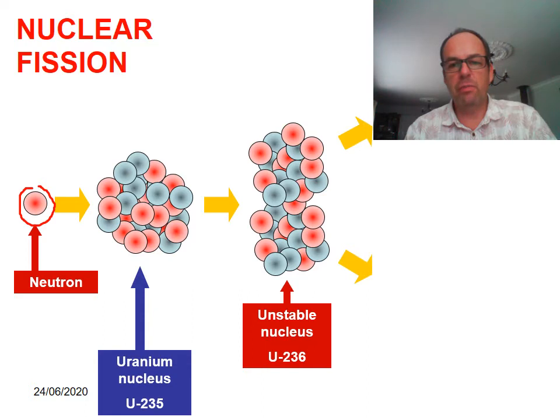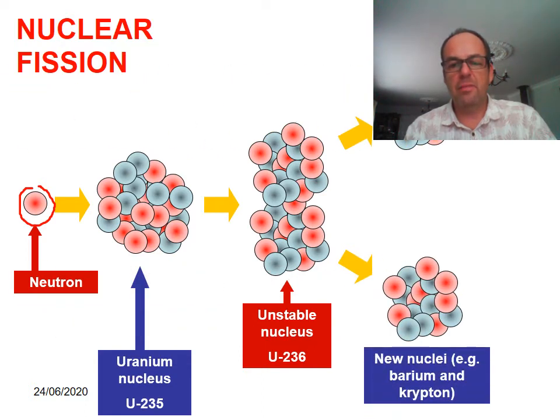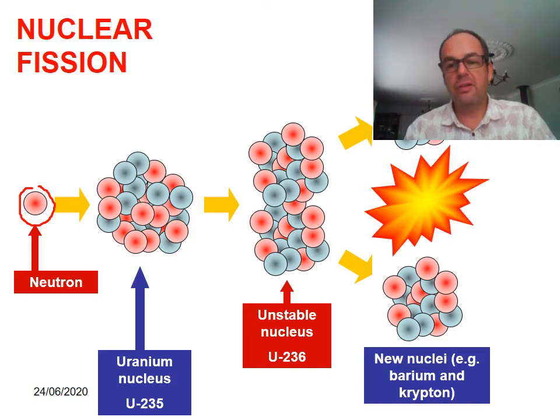It immediately splits into two daughter nuclei, barium and krypton. We also get a lot of energy produced in this nuclear reaction, and it's the energy which we want. It's useful, we can harness that energy, and we can turn it into electrical energy in a nuclear power station.